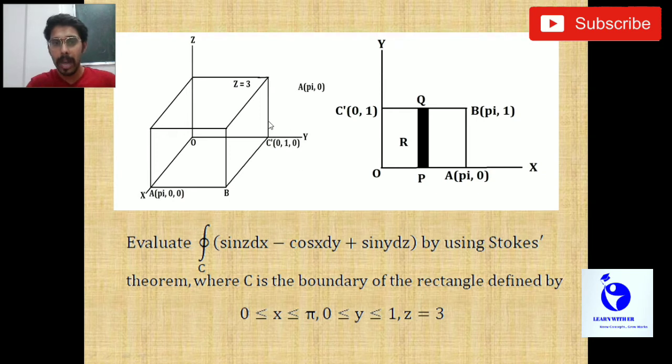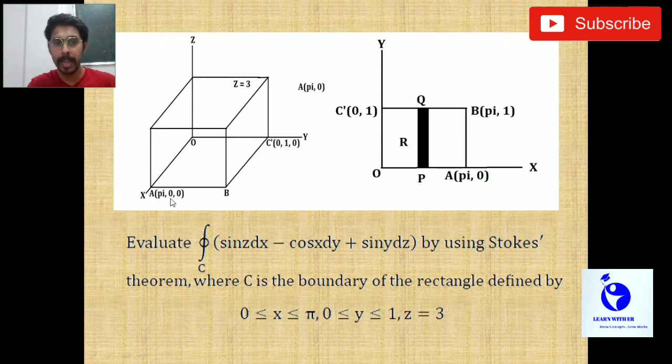Now we have to figure out a way to find the integration. As you can see, we have drawn another part. This is the xy plane surface of this parallelepiped, and here this is OABC'. So O is the origin, 0, 0.